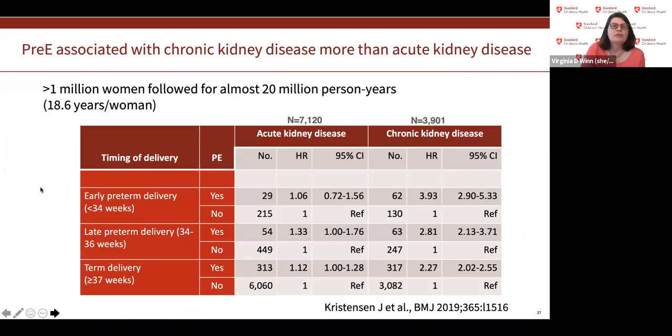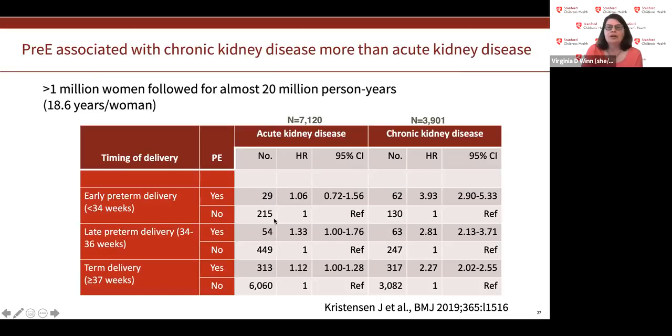But for disease prior to getting to end-stage renal disease, I really like this study that looked at over 1 million women and broke it down by acute kidney disease and chronic kidney disease, as well as time of onset of the hypertensive disease of pregnancy.